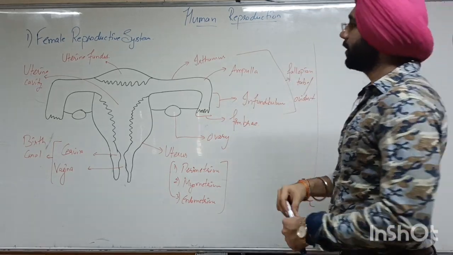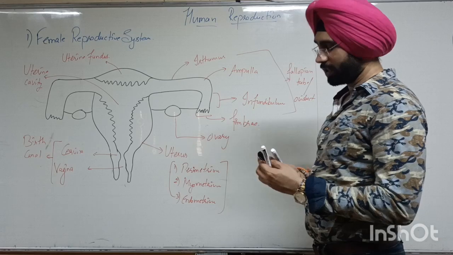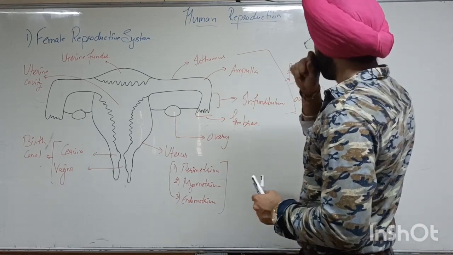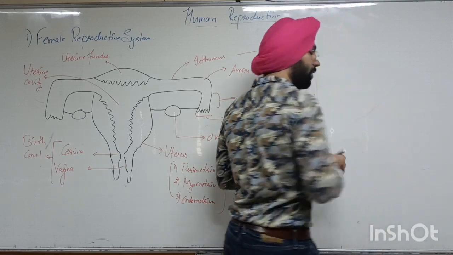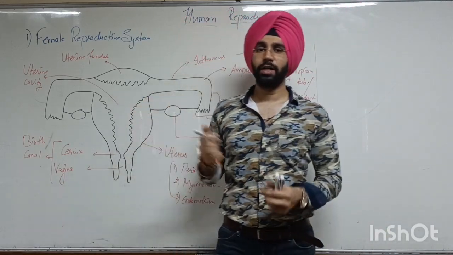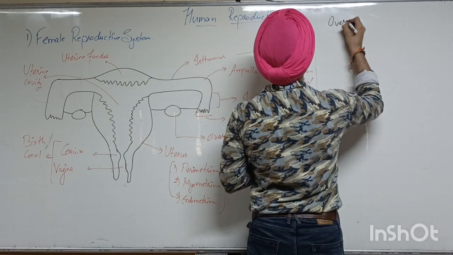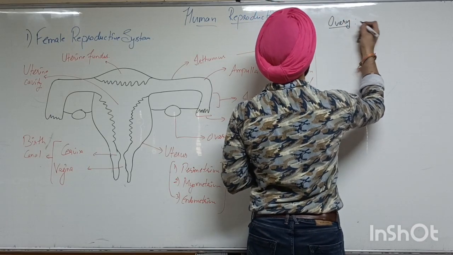Now you have understood what the female reproductive system is like. We are going to understand each and every part separately. First comes the ovary. What do you mean by ovary?